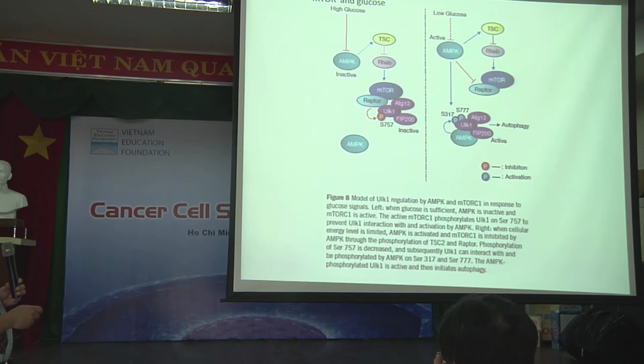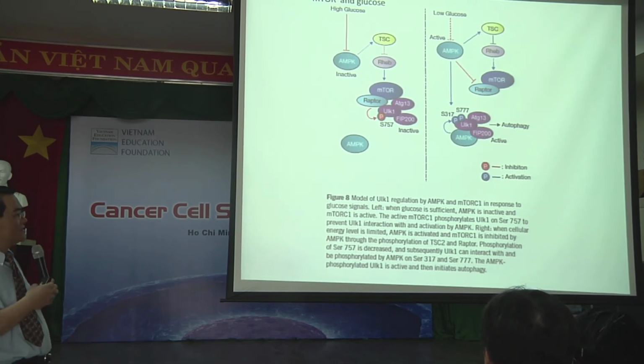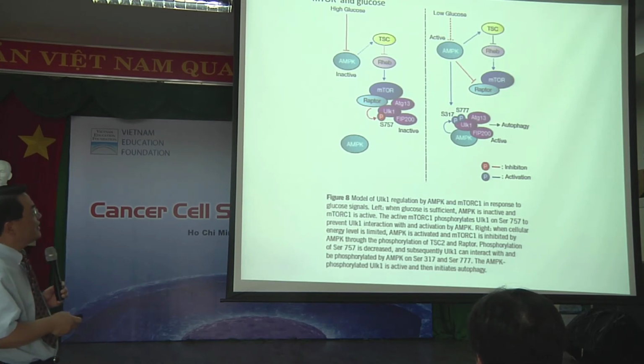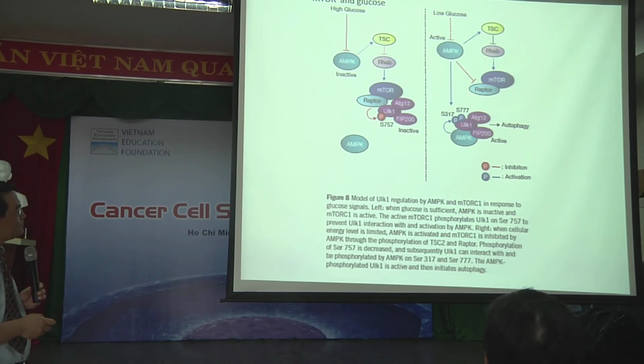So it's very important to activate autophagy to maintain our body system in a healthy situation. If there is too much mTOR, it will act on this, causing the inactive form of these protein complexes involving autophagy.